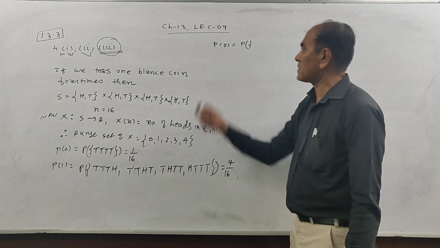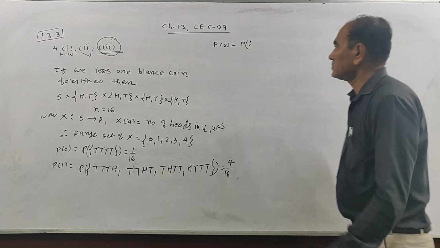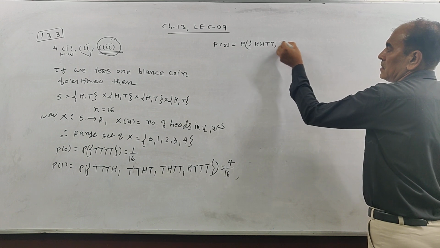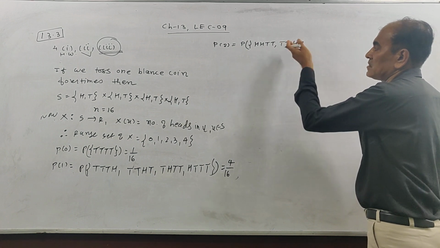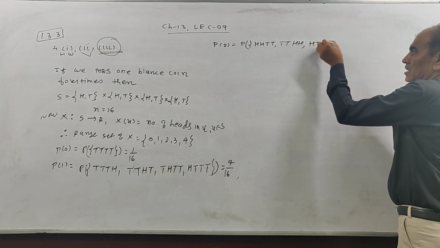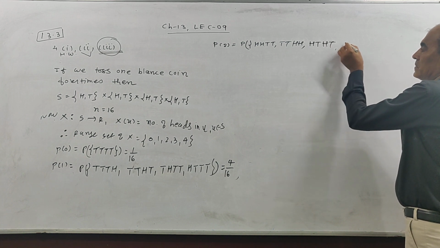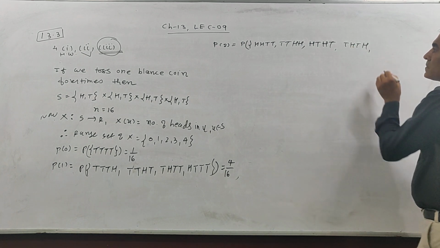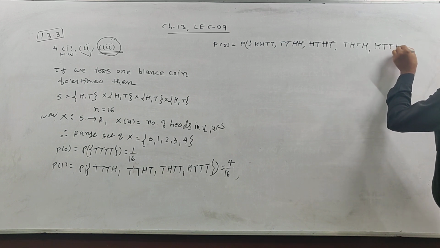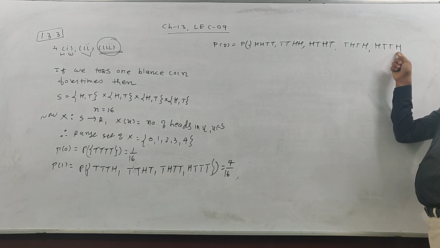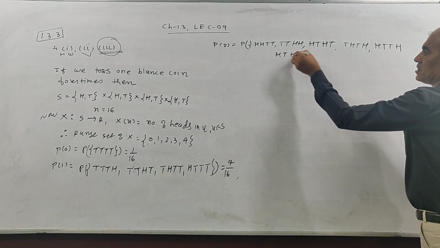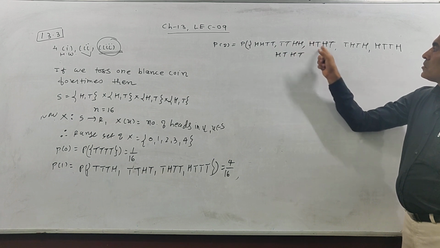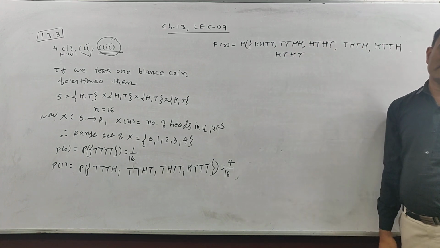Last time in this example, one mistake was done. 2 heads are there: first and second trial H, H, T, T; first and third trial; first and fourth trial; second and third; second and fourth; third and fourth. 1, 2, 3, 4, 5 and 6 observations are there.